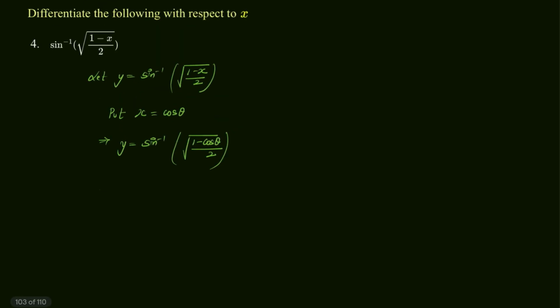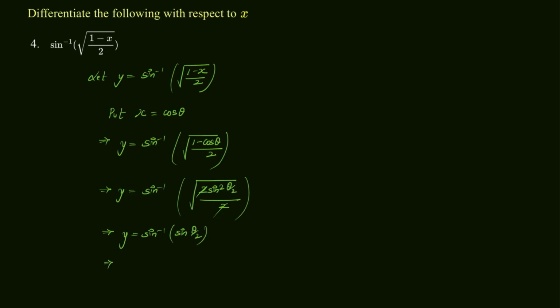So here it will be y equals sine inverse of 1 minus cos theta, which can be written as 2 sine square theta by 2, whole divided by 2. So here this 2 and 2 got cancelled. So that means y will be equal to sine inverse of, see, square root of sine square theta by 2, which is simply sine theta by 2.